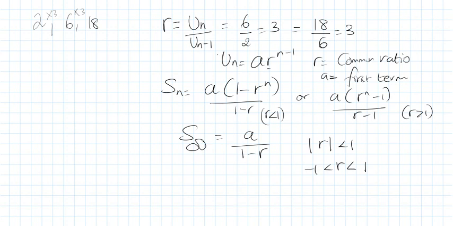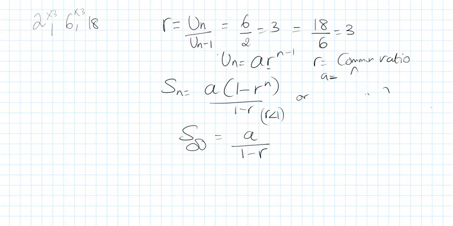In another video, we can go deeper into it, and I can show you how from the sum of the first n terms, from the Sn, I can get the sum to infinity, but that would be for another session, not for this one. In this session, I'm going to show you how we can use this amazing formula. I'm just going to erase this, and then we're going to look at an exam question together.